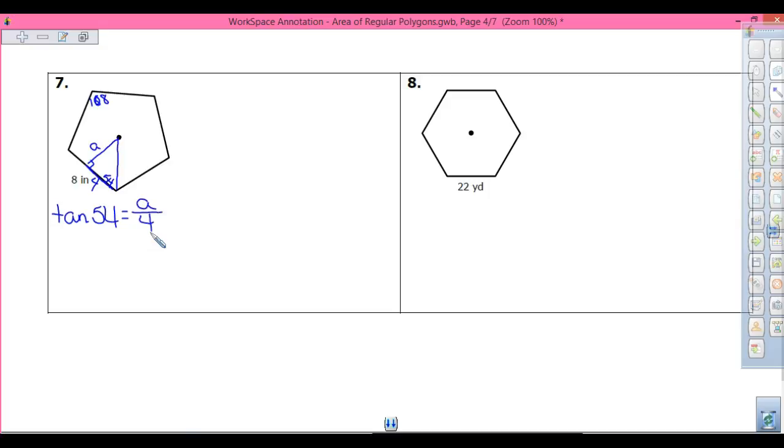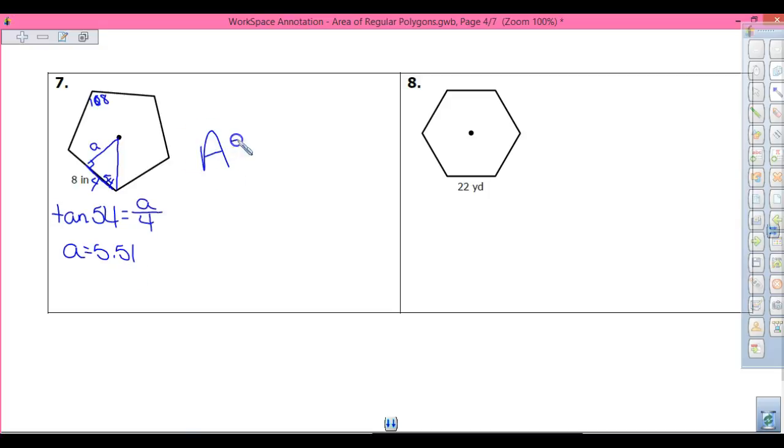I'm not sure why some of us are pushing buttons in our calculator after I've asked us 18 times to do it. 5.51. 5 point what? 5.51. Alright, so 5.51 is my hypotenuse. Is that all I need right now? Yeah.